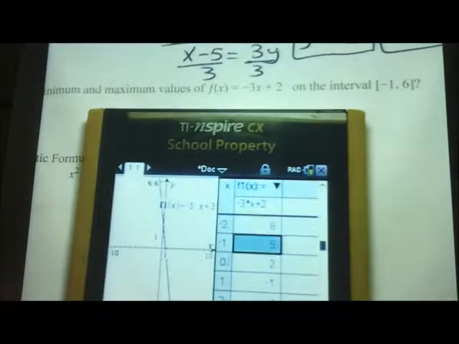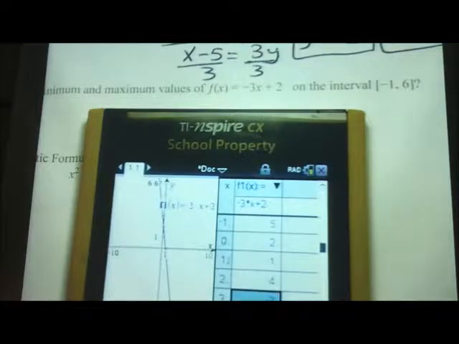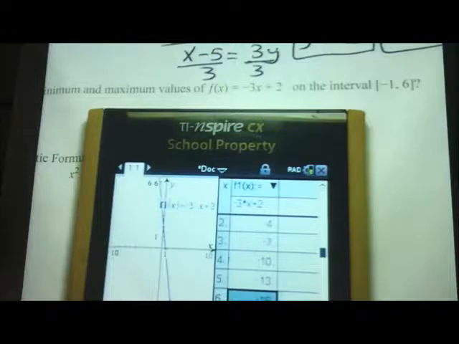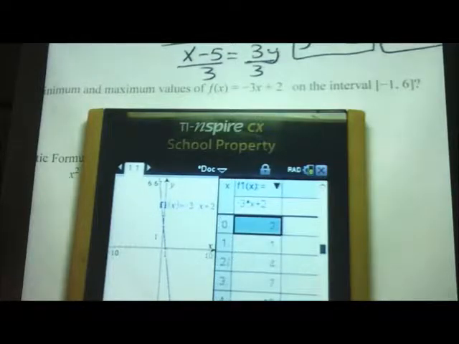Looking at all the numbers, I have 5, 2, negative 1, negative 4, negative 10, negative 13. It seems like the largest number would be here at negative 1. Oh, sorry, it's a negative 1.